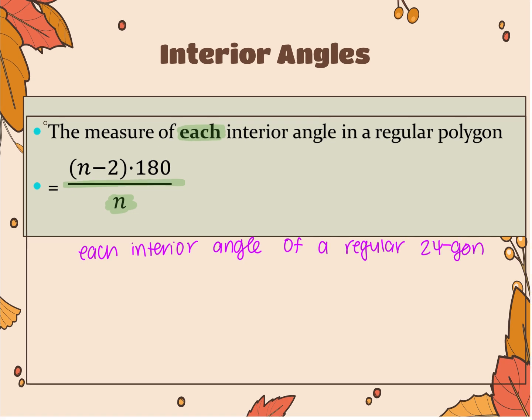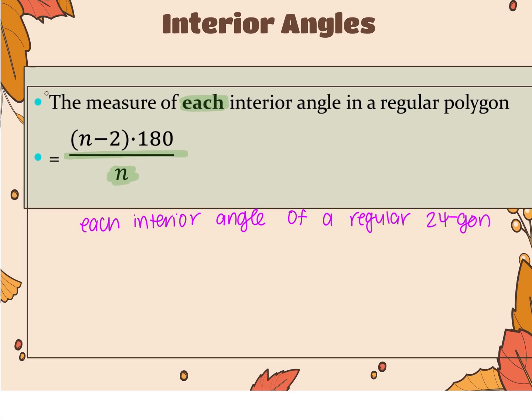All right, so I'm going to plug it into my formula. How many sides does a 24-gon have? 24. Good. I'm going to take 24 minus 2 times 180, and I'm dividing it by 24 because the keyword is I want to know each interior angle. I'm going to take that 3,960 and I'm going to divide it by 24.